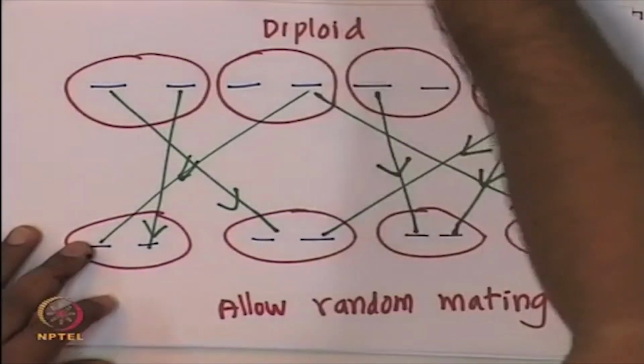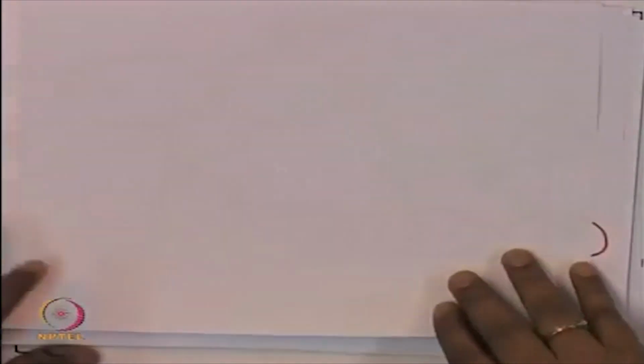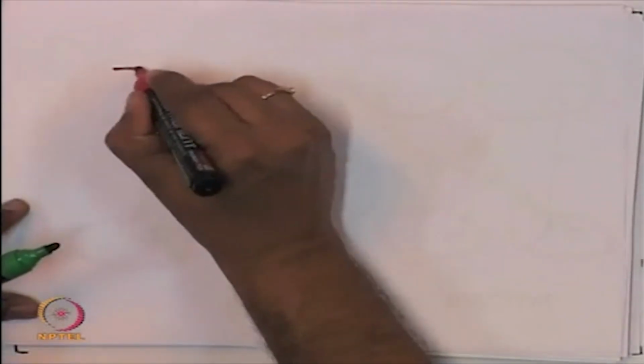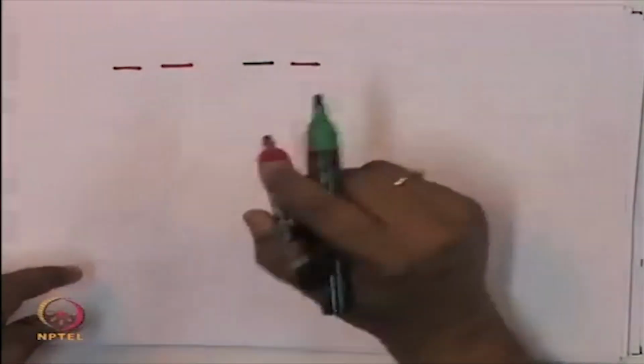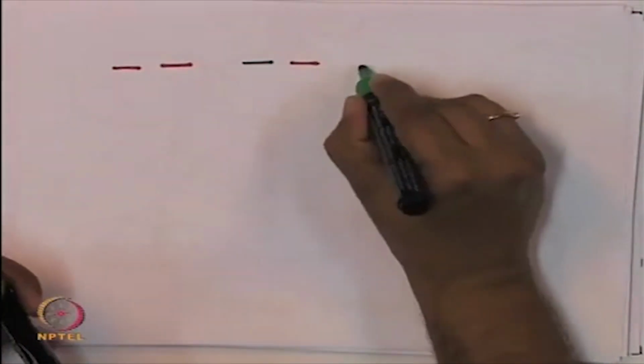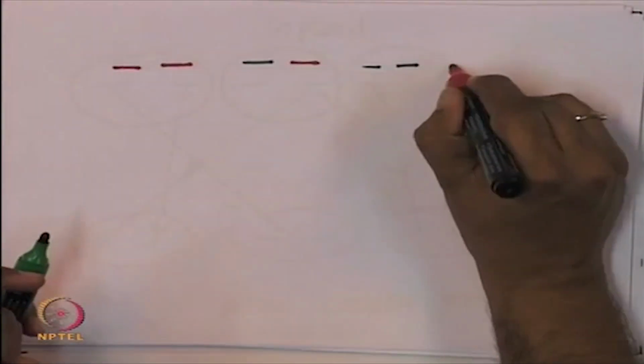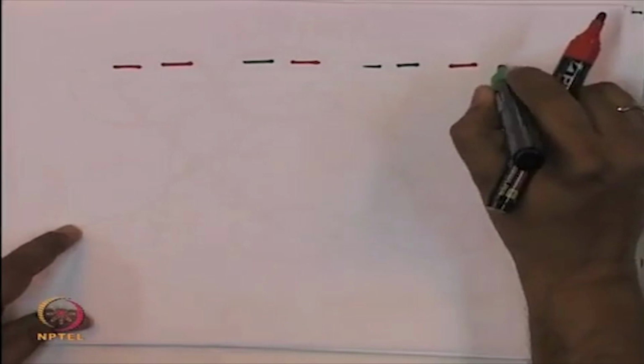So, for example, let us quickly do this. We can draw each chromosome of each individual with a red or a green color. Let us say the first individual is both red, and the second individual is one green and one red, and the next individual will have both green, and the last individual will again have one red and one green.